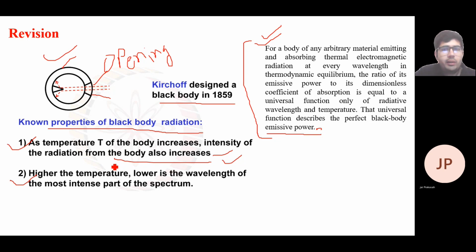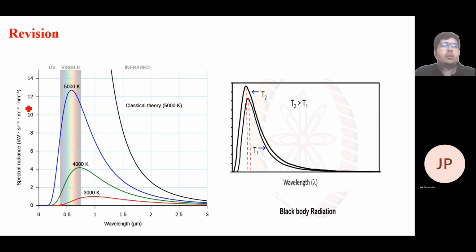Okay, let's come to the next slide. So here we can see again, I think this was already covered in our last lesson, but let's revise it again. You can see these temperatures, 3000 Kelvin, 4000 and 5000 Kelvin. Okay, and these are three bands.